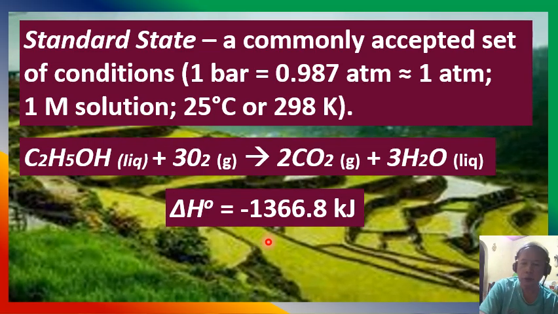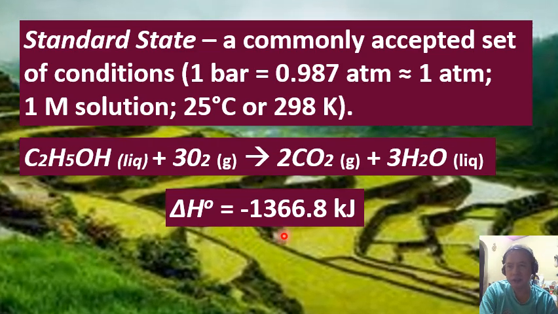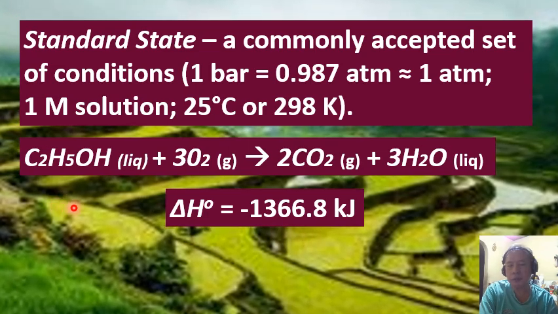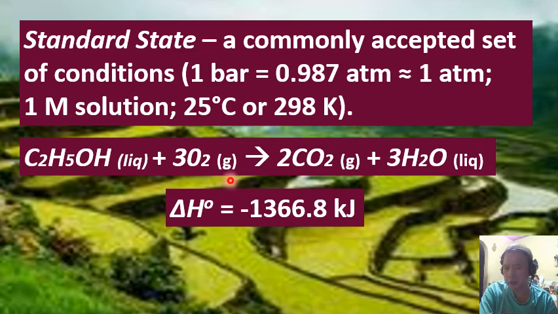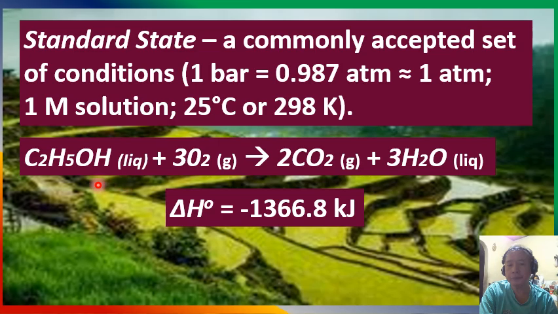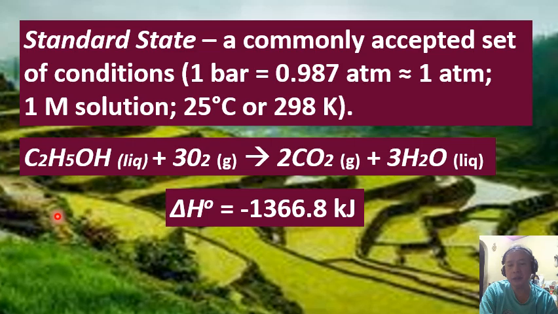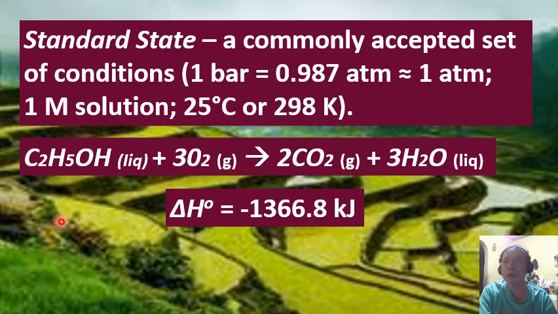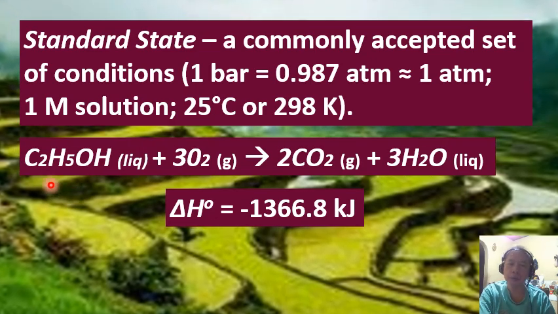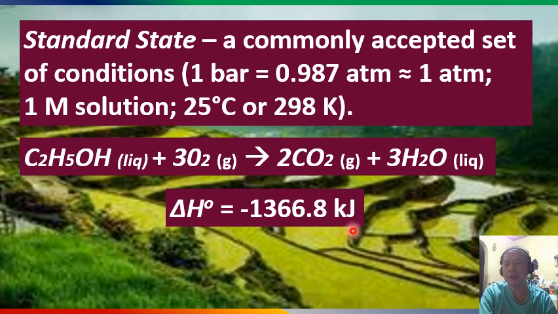And we also stress here that enthalpy change is an extensive property. That means if in one given reaction, 1 mole of, say for example, ethanol, produces this amount of change in enthalpy, and if you multiply the number of moles of ethanol by 2, then the amount of the enthalpy change will also be multiplied by the same factor.